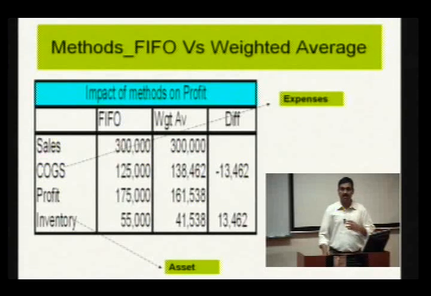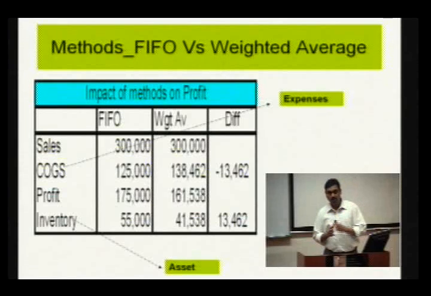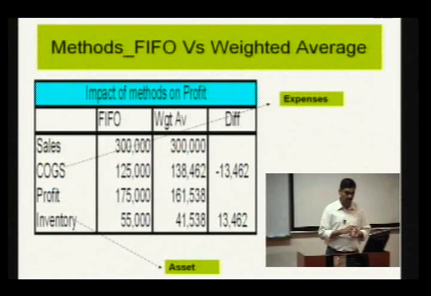In other words, by changing the methods from FIFO to weighted average or weighted average to FIFO, it is possible for a company to change or manage the profit.